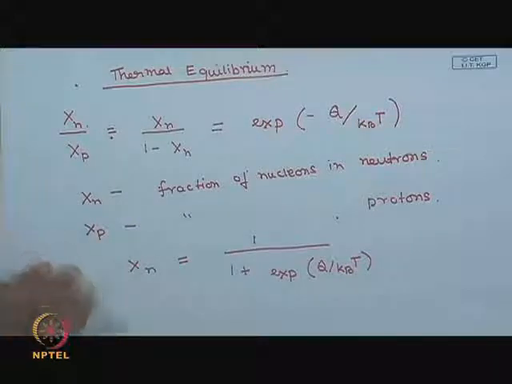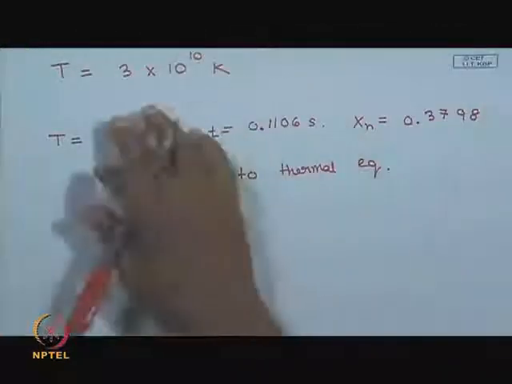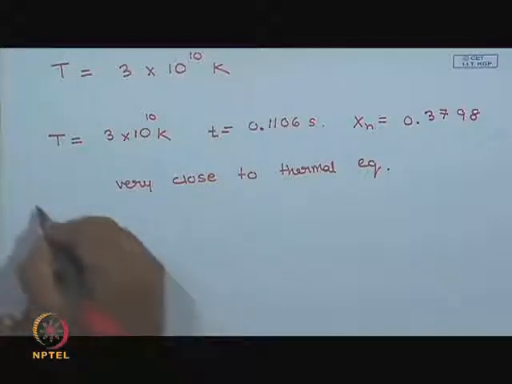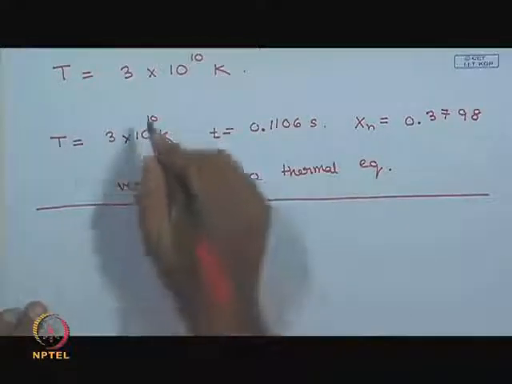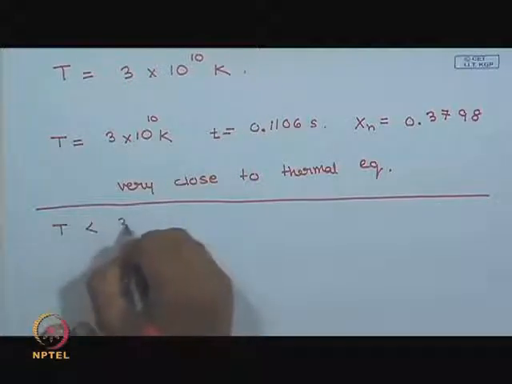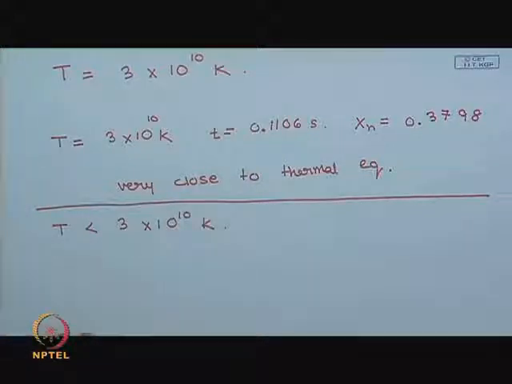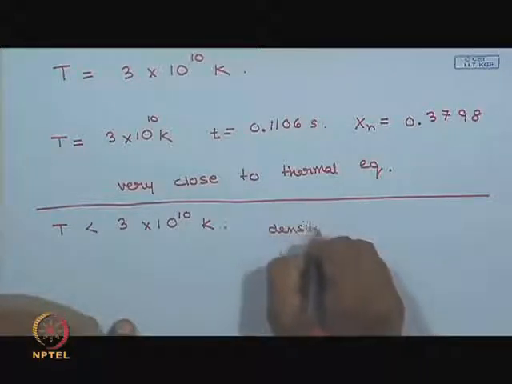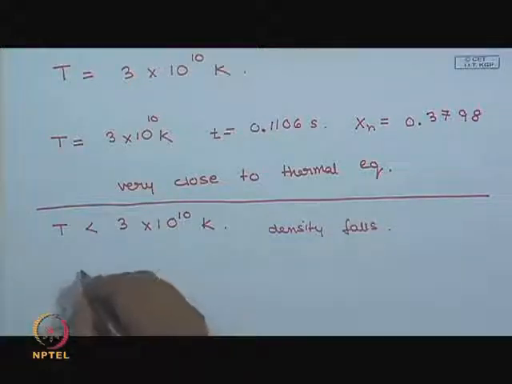So at 3 into 10 to the power 10 Kelvin, the reaction rates are sufficiently high for thermal equilibrium to hold. But at temperatures below this, at T less than 3 into 10 to the power 10, the densities fall further and the neutrinos decouple.